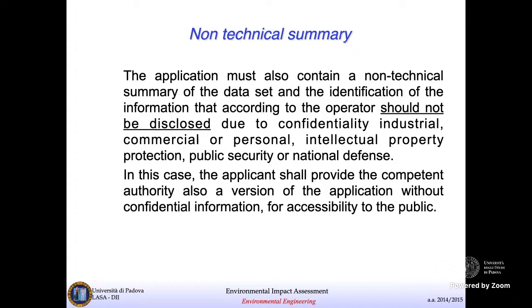But in this case, the applicant shall provide the competent authority also with a version of the application without confidential information for accessibility to the public.